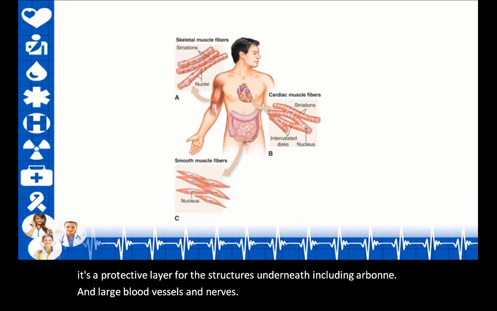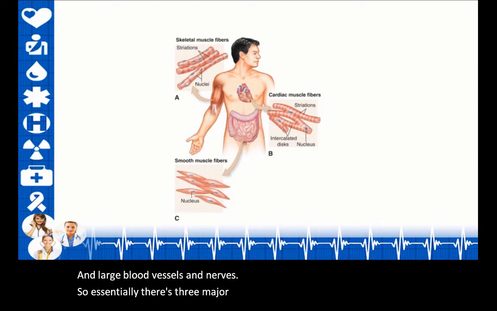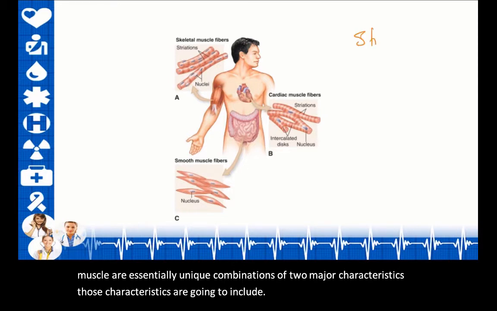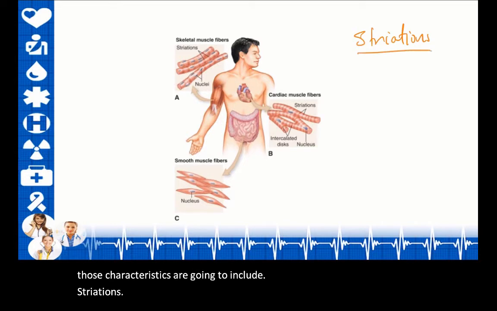So essentially there's three major types of muscle, and the three types of muscle are essentially unique combinations of two major characteristics. Those characteristics are going to include striations and control.